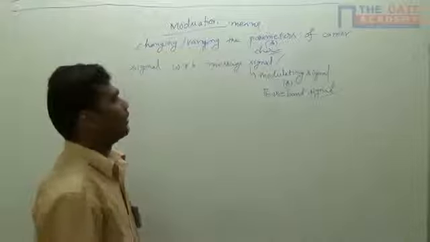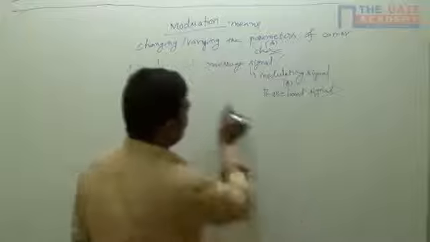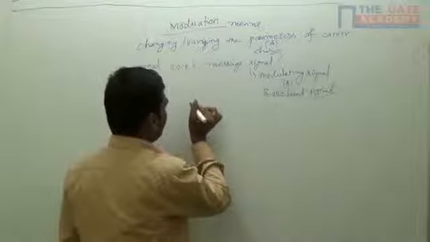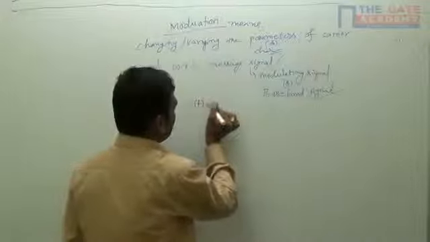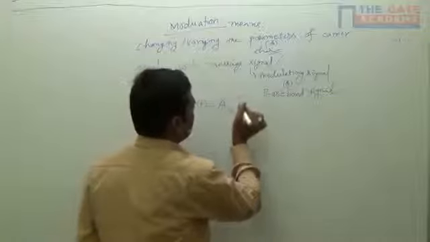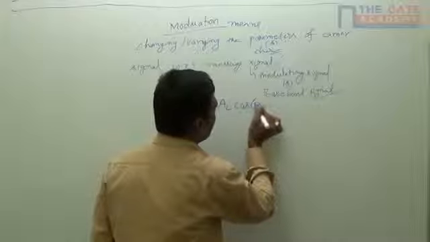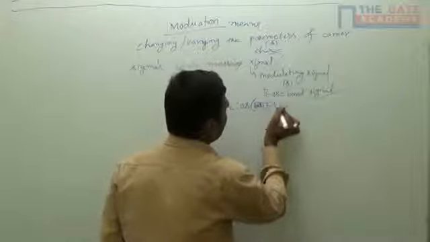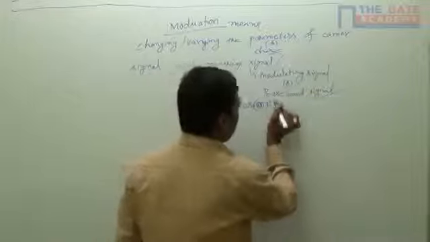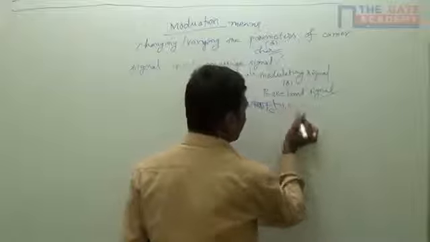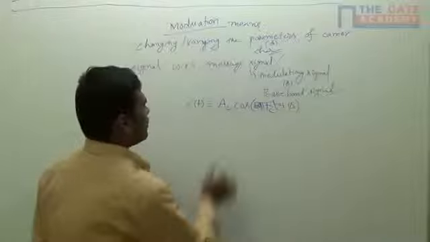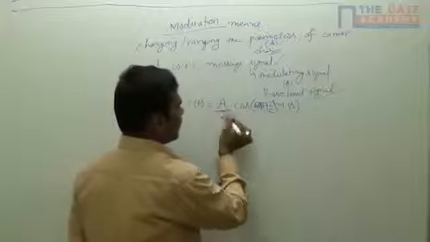So now we have seen what this carrier signal is: c(t) = Ac cos(omega t), or we can say cos(2 pi f t + phi). Okay, so based on this, by changing the amplitude we will get AM.